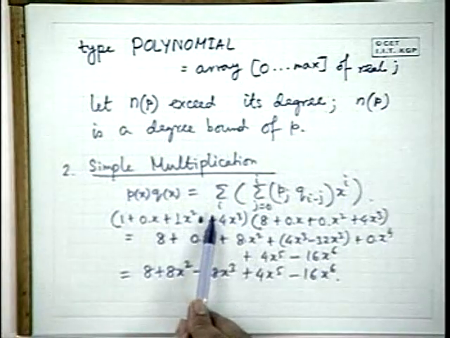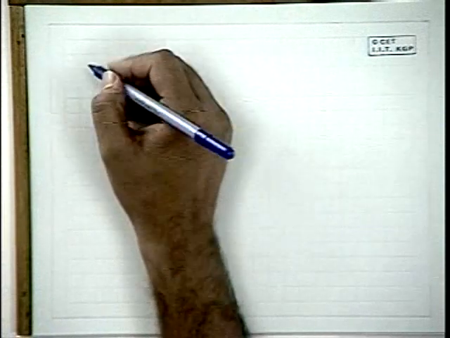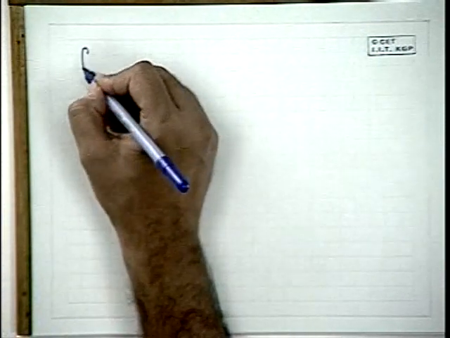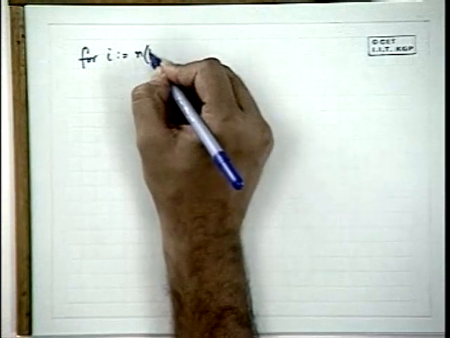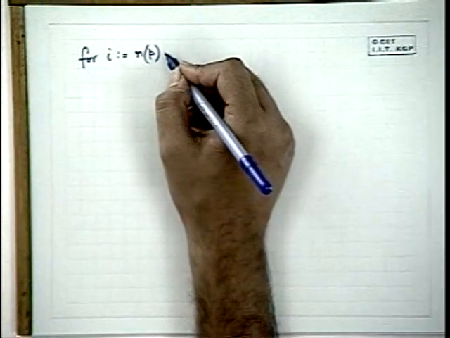Now I am going to write the algorithm for the multiplication. For i equal to NP to NP plus NQ minus 2, Pi is equal to 0. Remember, the degree bound of P is NP.